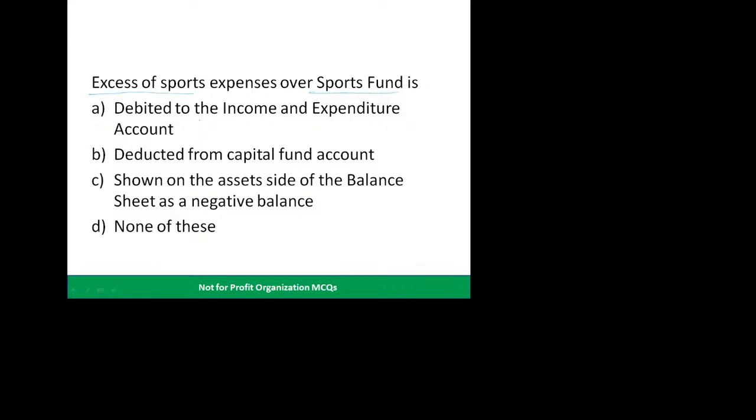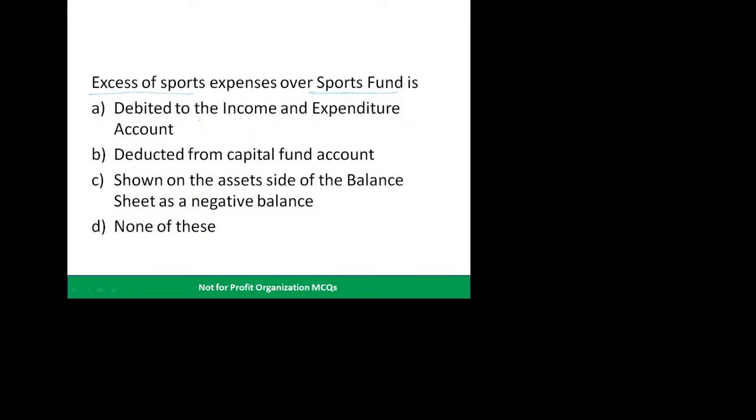Why will we be debiting it to the income and expenditure account? Since the current year expenditures will be transferred to the debit side of the income and expenditure account. Why are we considering it as an expense? Since we are already utilizing an excess amount over the sports fund, the excess of sports expenses is not at all available in the sports fund.